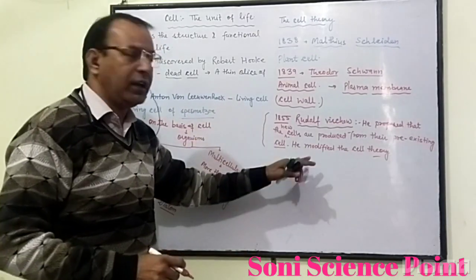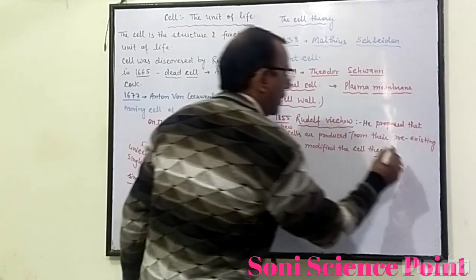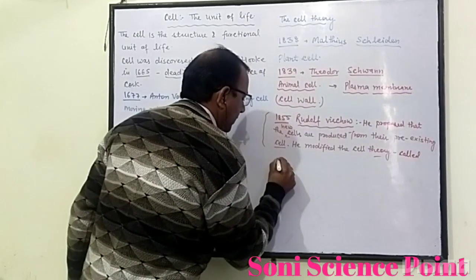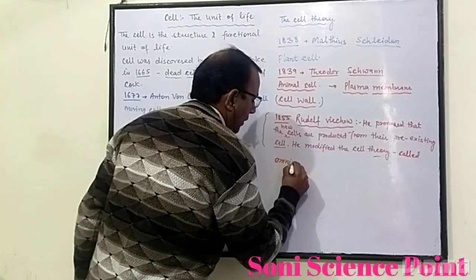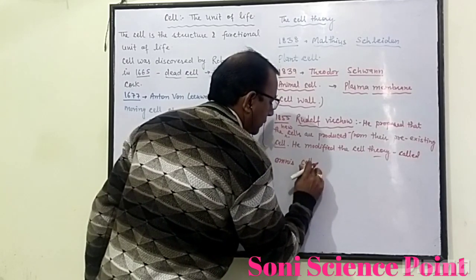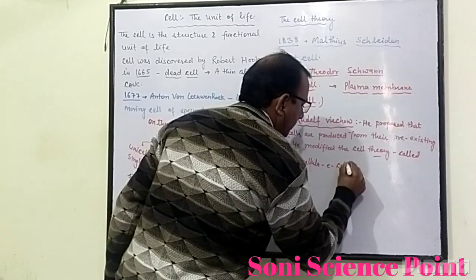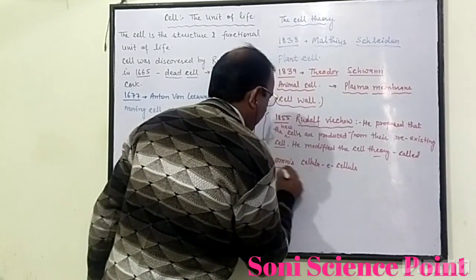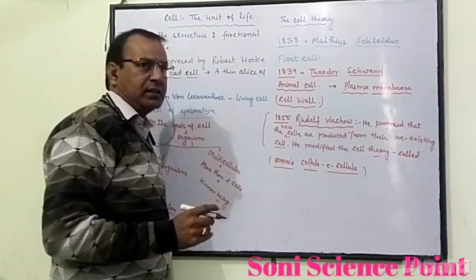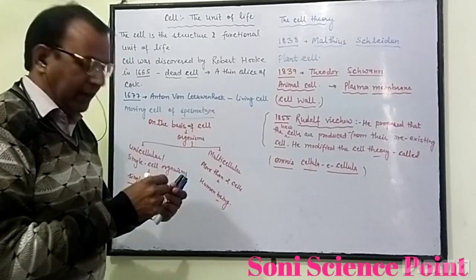This is called omnis cellula e cellula. It means new cells are produced from pre-existing cells.